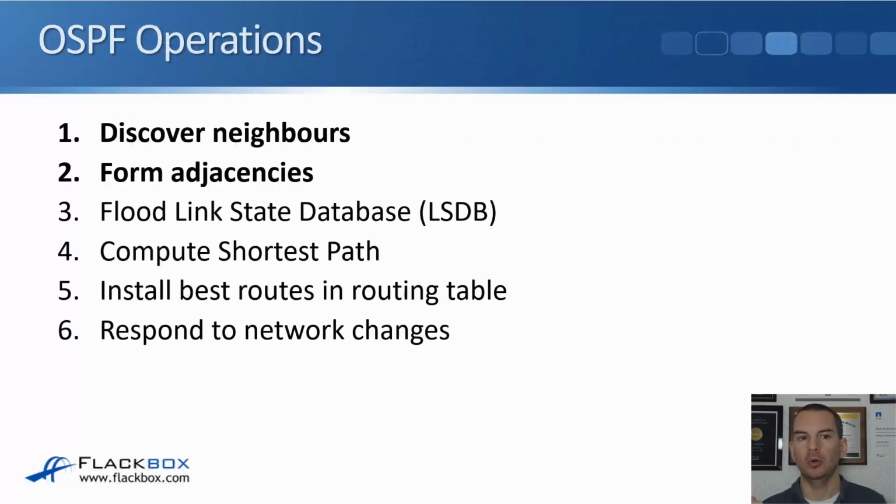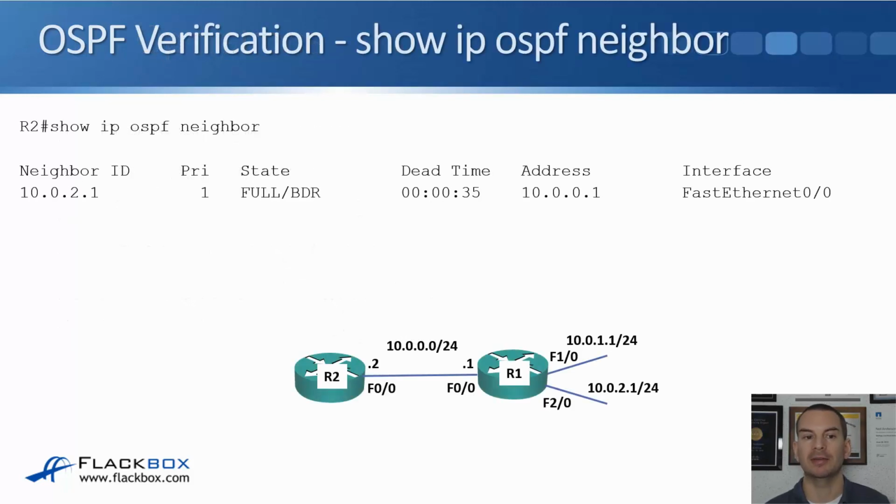Now the OSPF operations that run in the router after you enable it. So the first thing it does is it discovers neighbors and forms adjacencies. So if you're going to verify that OSPF is working, the first thing to check is that it has been able to form adjacencies. The command to check that is show IP OSPF neighbor.